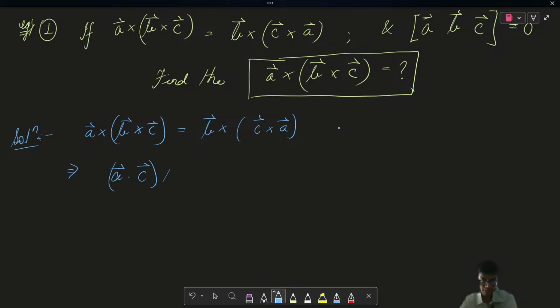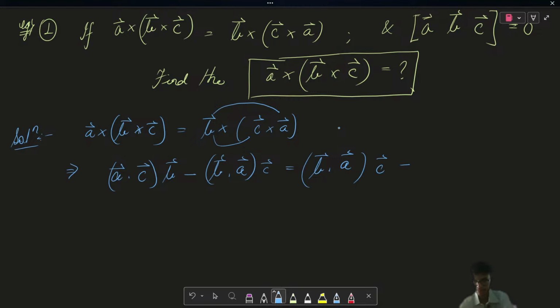It is (A·C) times B vector minus (B·A) times C vector, which equals, again, (B·A) times C vector minus (B·C) times my A vector. So this is my relation on both sides.